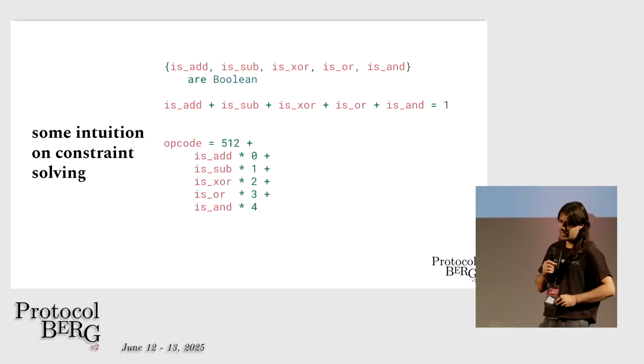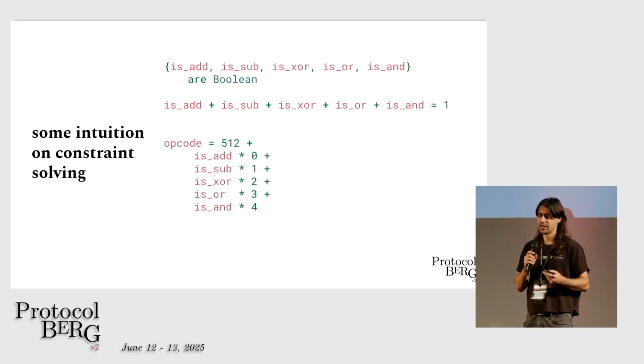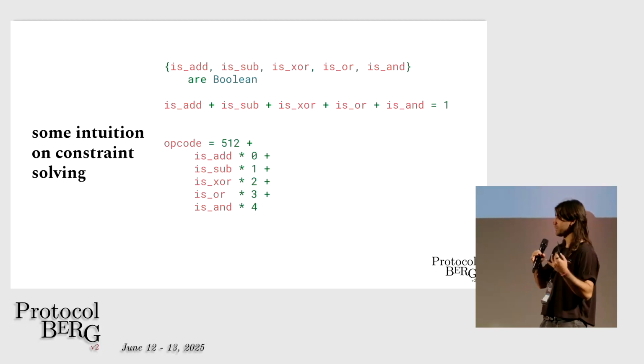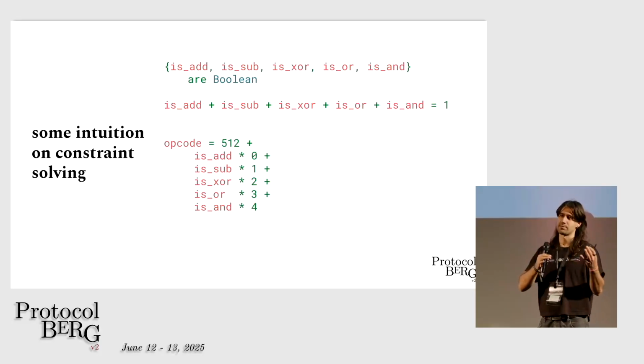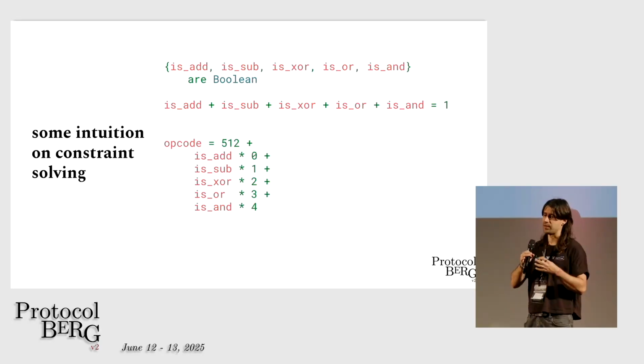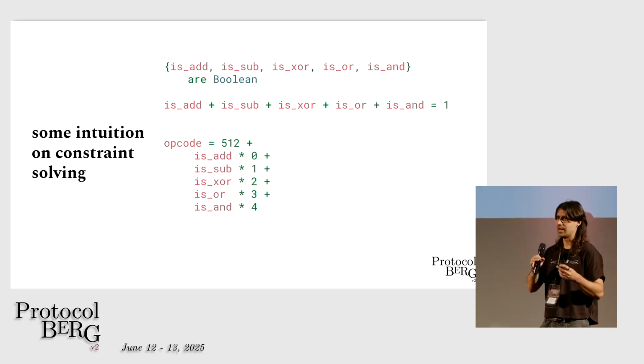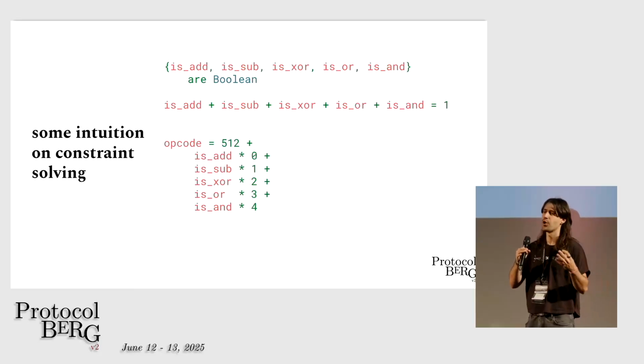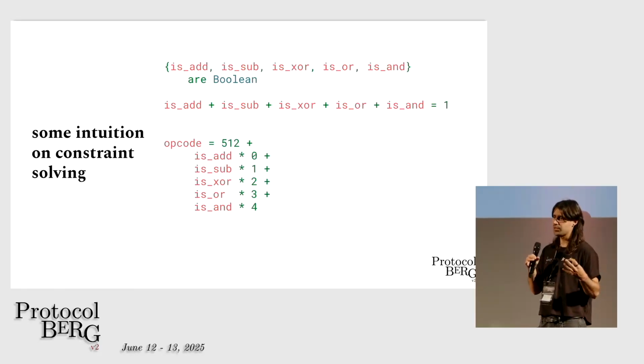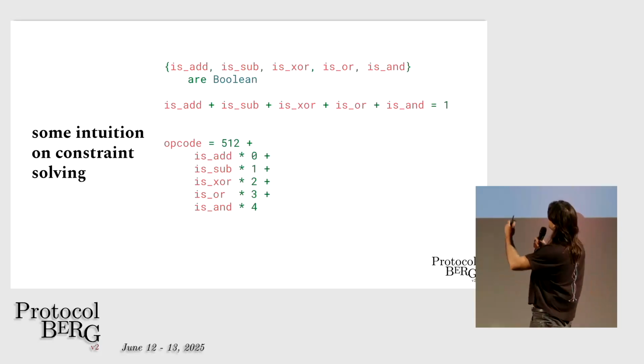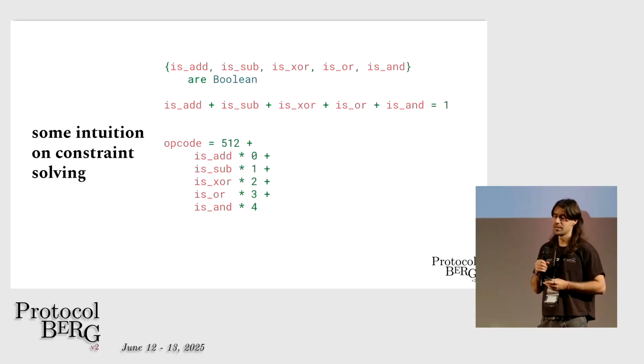And some intuition on constraint solving, which is actually the heavy lifting of this whole thing, because we realize all this high-level semantic information on what is a memory operation, it's expensive, how do we remove memory operations, and all of this. We call it high level because you know the semantics of memory and so on, but the zk circuits are actually written as polynomial constraints that kind of look like this.